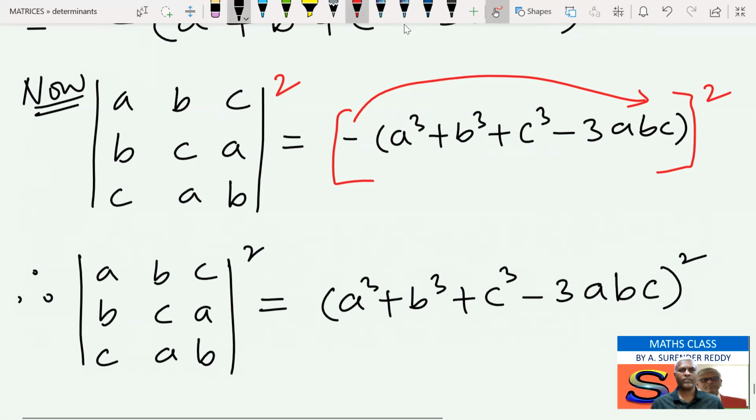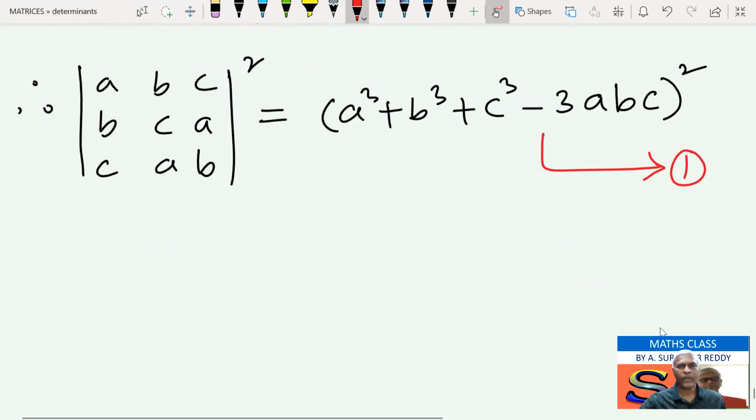So this is the first proof. We have proved the first one: it is equal to A cube plus B cube plus C cube minus 3ABC. We have to prove one more.